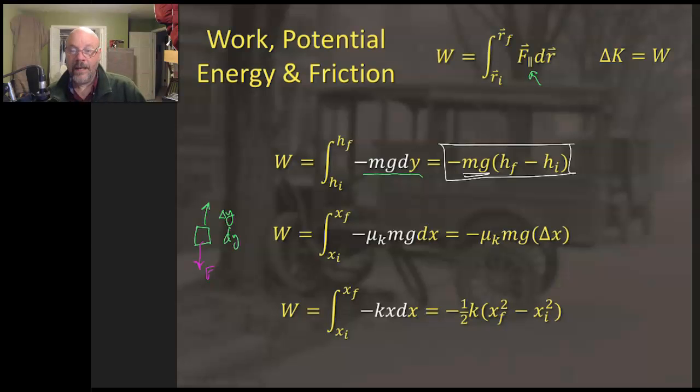And it works either way, whether you're going up or down. As long as you keep your final and your initial straight, then you're good to go. If your final is higher than your initial, then you've got a positive number in here. That means you did positive work against gravity.